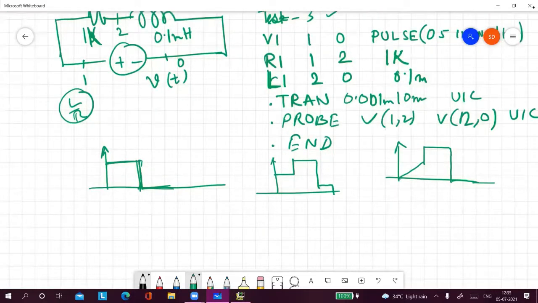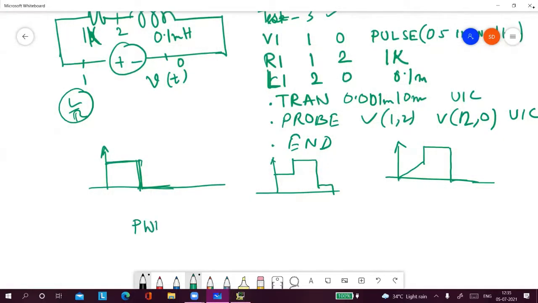Simple: we have to use PWL instead of pulse. It's called piecewise linear. Now, how do we write a program in PWL?